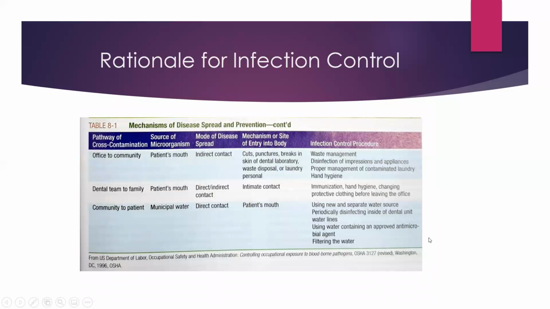So this one, Table 8-1, the mechanisms of disease spread and prevention, shows the pathway of cross-contamination again, from office to community, dental team to family, and community to patient. For example, with community to patient, we've got municipal water. You wouldn't even think that municipal water could be a source of microorganisms.